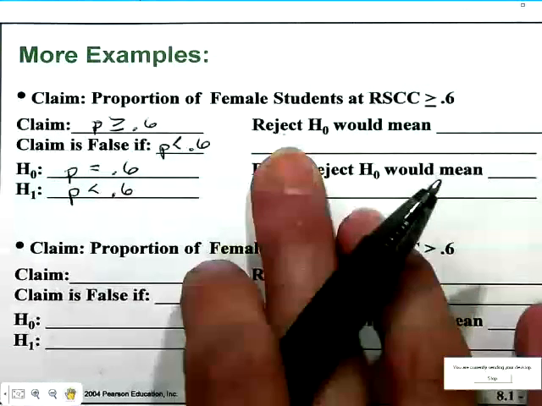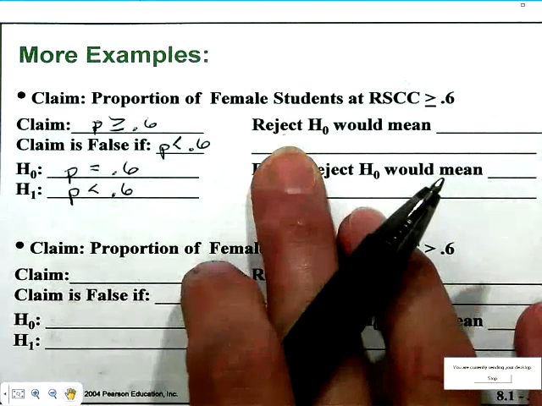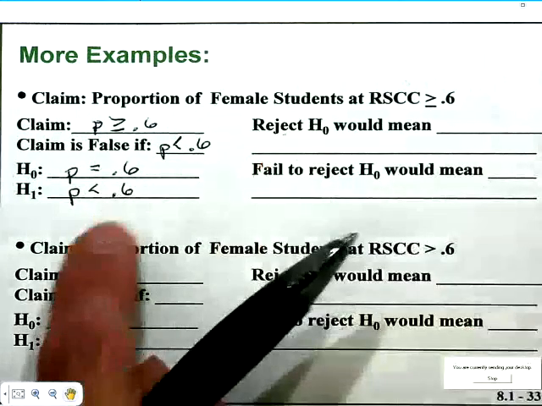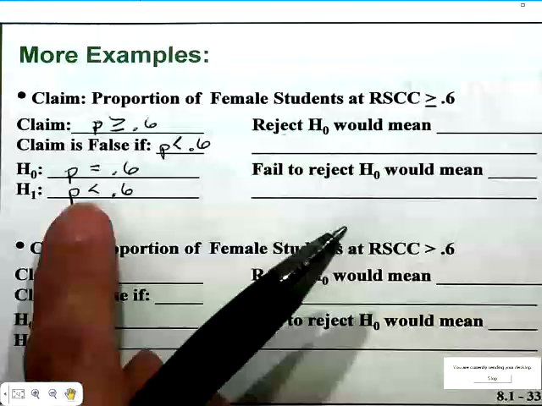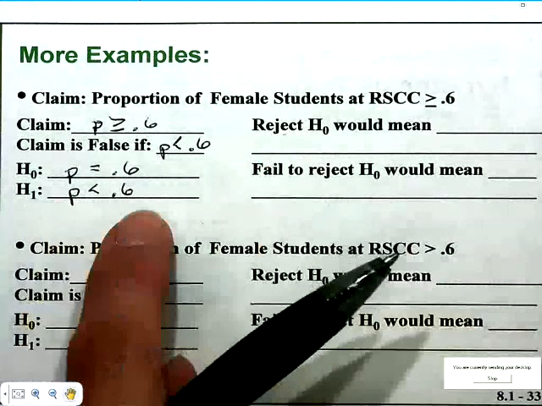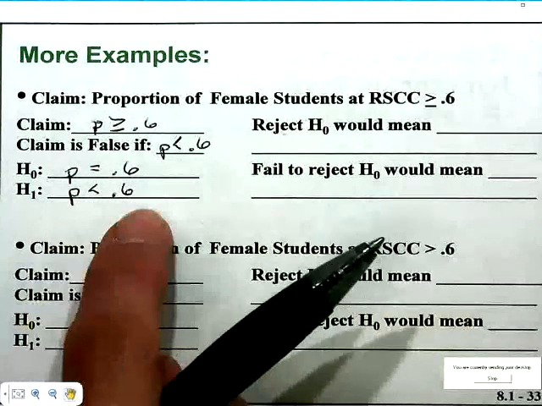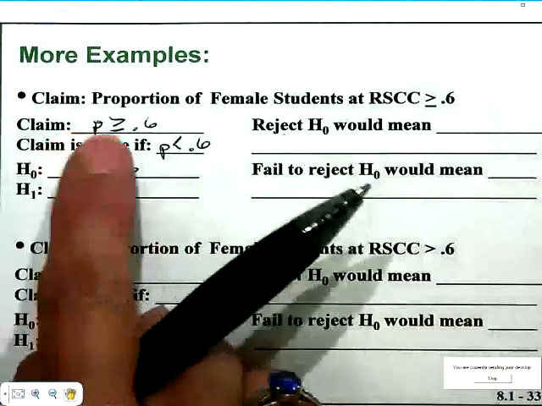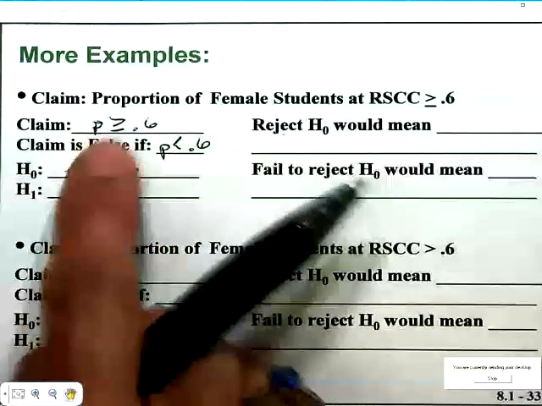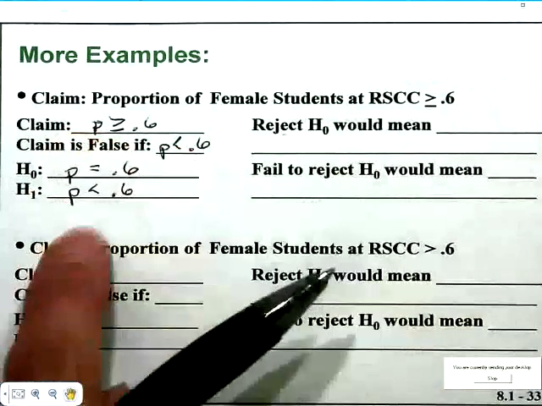To accept the alternative, and what's the alternative? The percentage is less than 0.6, and what does that say about the claim? The claim is false. The claim is that the percentage was greater than or equal to 0.6, and we've proven that it's less than.